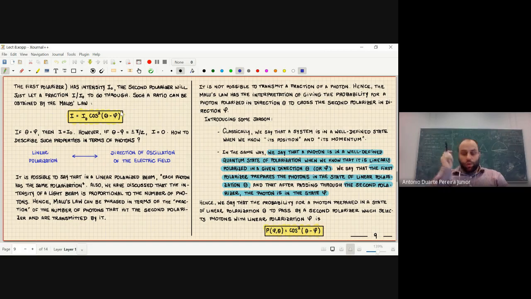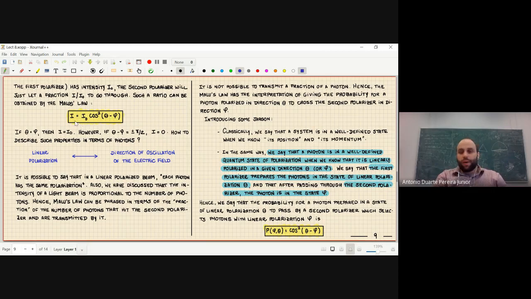You see immediately that if phi is equal to theta, then you have cosine squared of 0, which is 1. So I is equal to I naught.